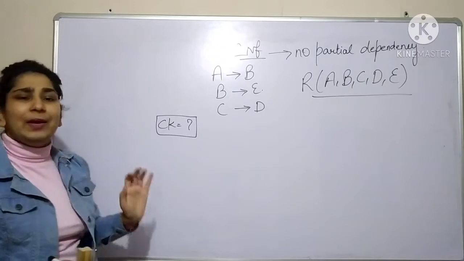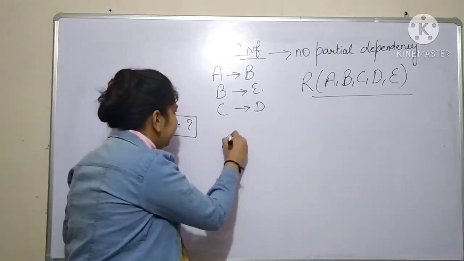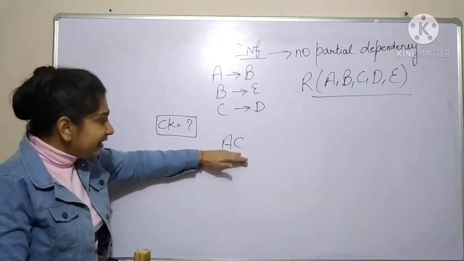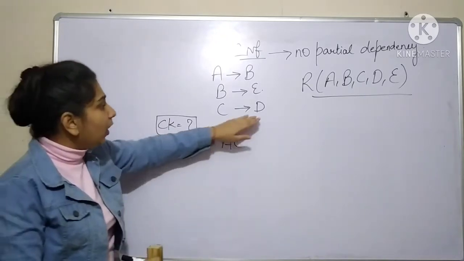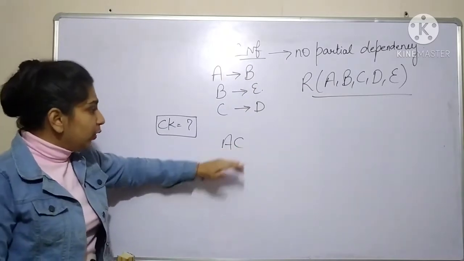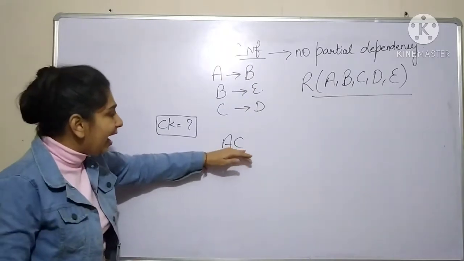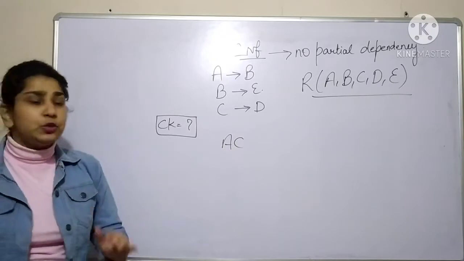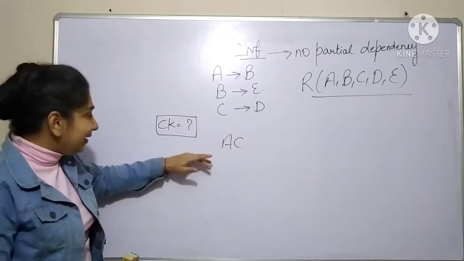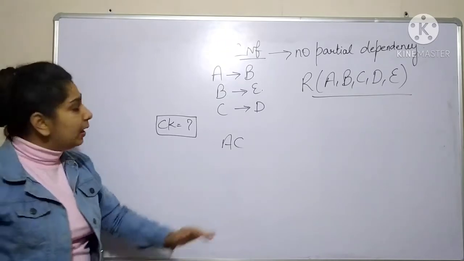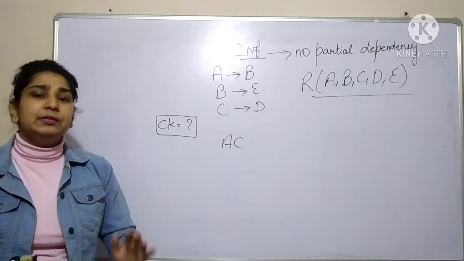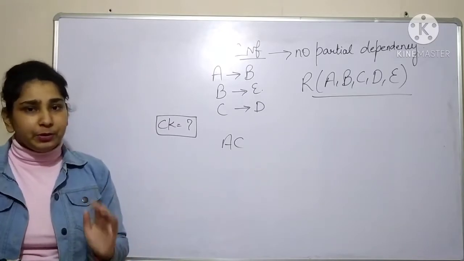The remaining attributes are A and C. These 2 attributes are not present at the right hand side, so we definitely have to include them in the candidate key, because a candidate key is something with the help of which we are able to determine all of the other attributes.